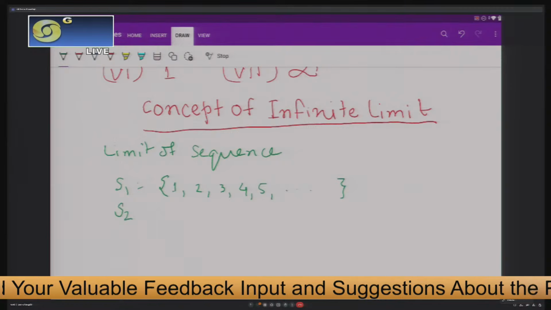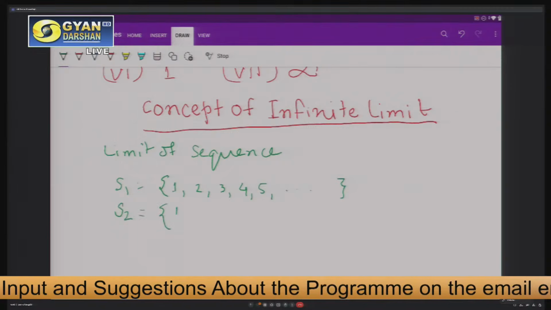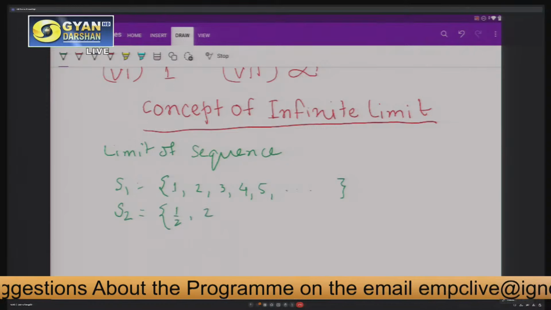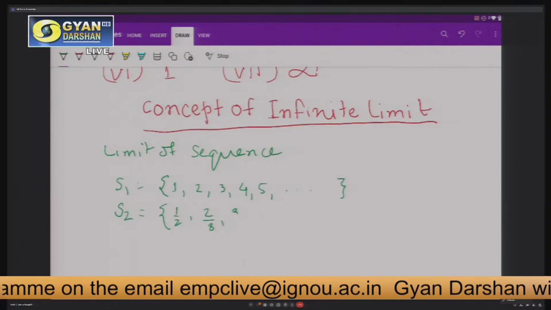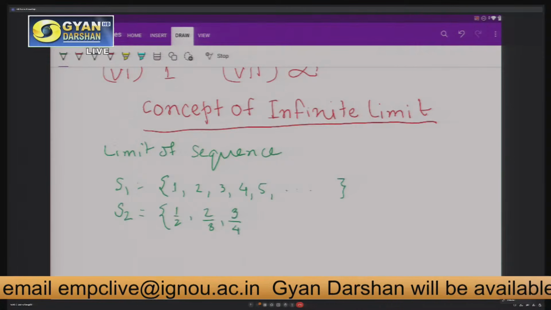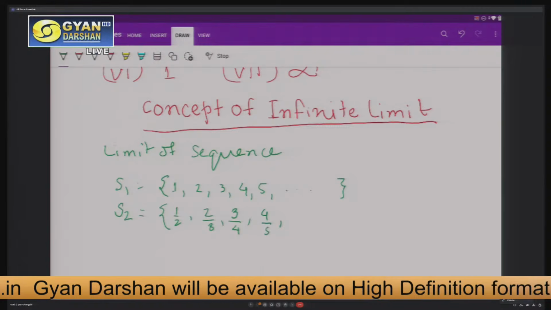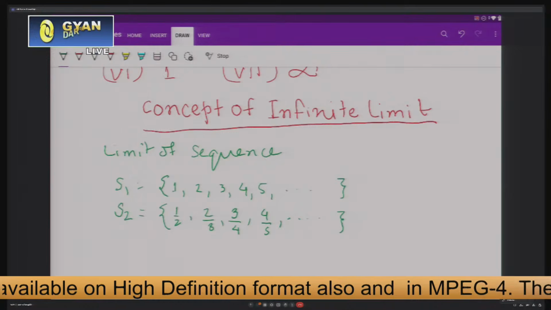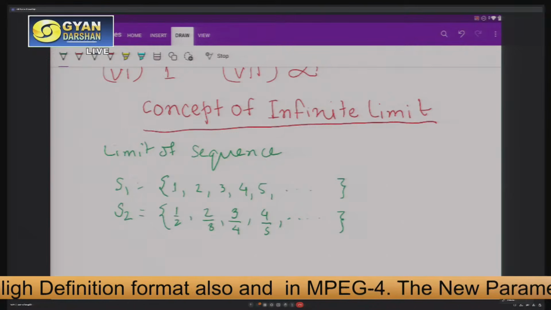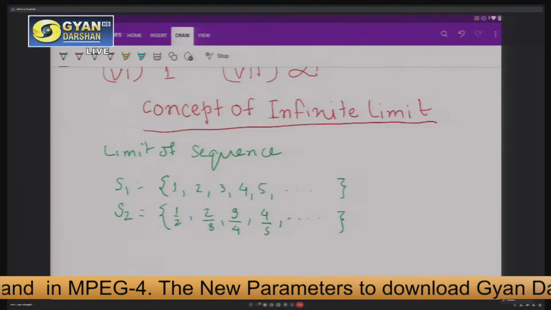Now another sequence: 1 by 2, 2 by 3, 3 by 4, 4 by 5, and so on. Now you can see that this sequence is leading to some finite value.